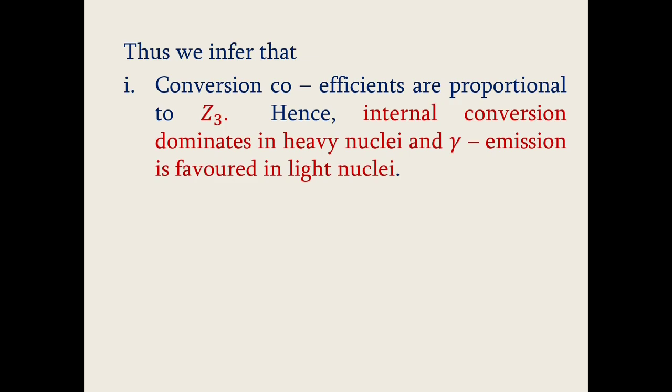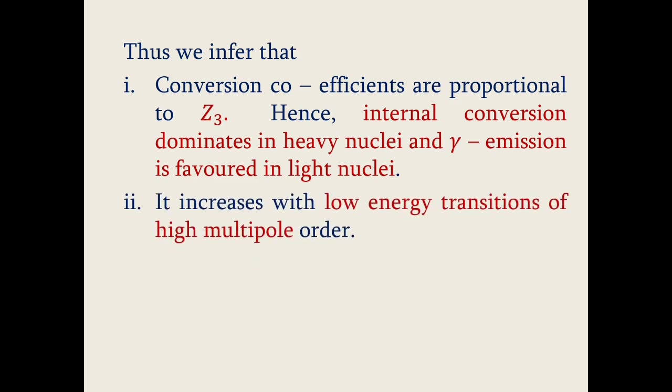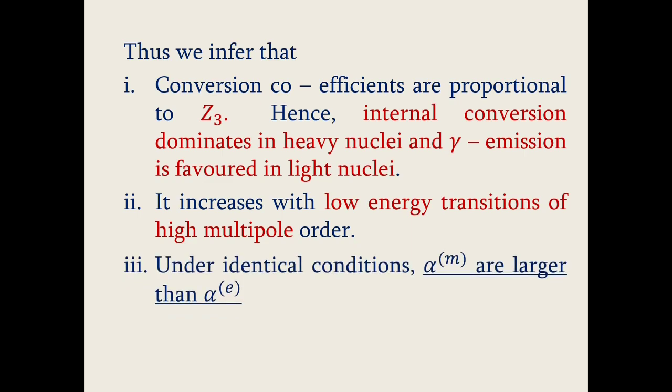So internal conversion is more dominant in heavy nuclei and gamma emission is more favored in light nuclei. So we can expect internal conversion in heavier nuclei, and gamma emission in lighter nuclei. And internal conversion increases with lower energy transitions of high multipole order L. So the higher the order of L, the more internal conversion we can expect.